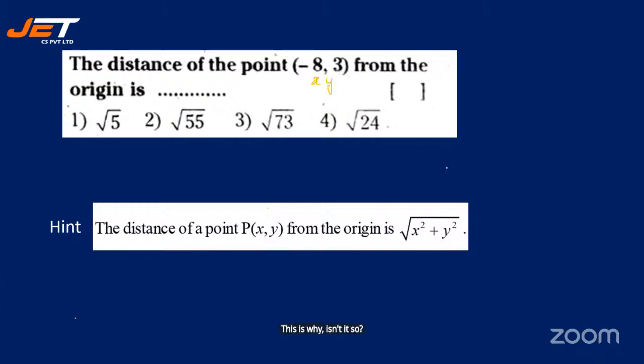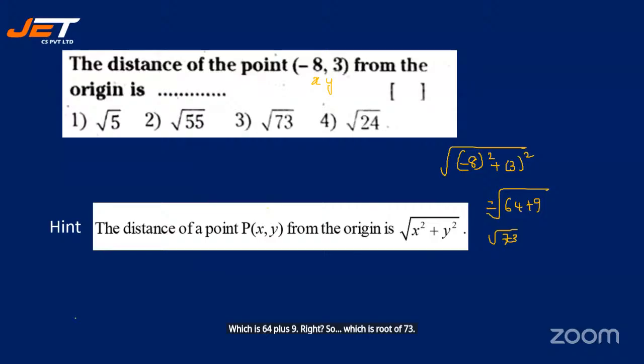So it is root of minus 8 the whole square plus 3 the whole square, which is 64 plus 9, right? So which is root of 73. So your option 3 is going to be the correct answer, right? Yes. Fine. Now see the next question.